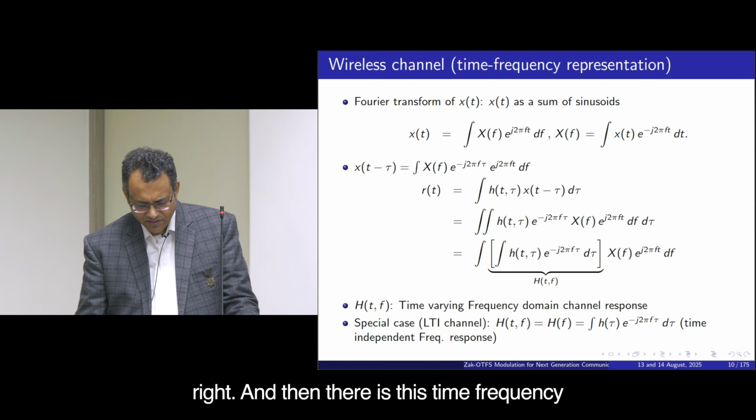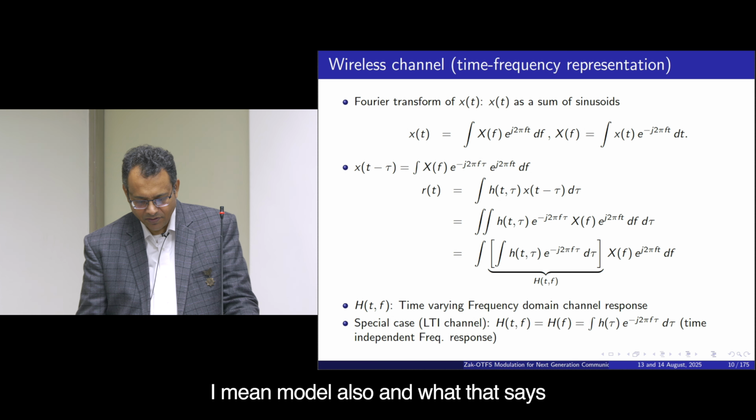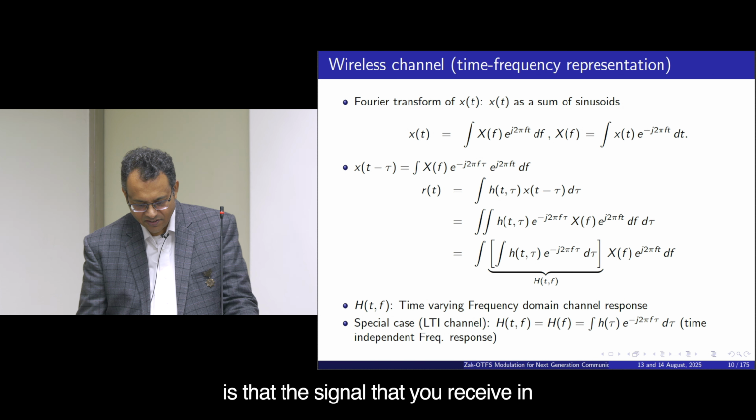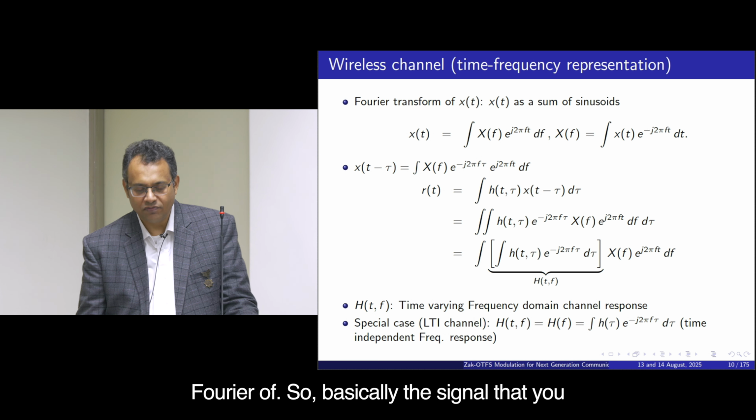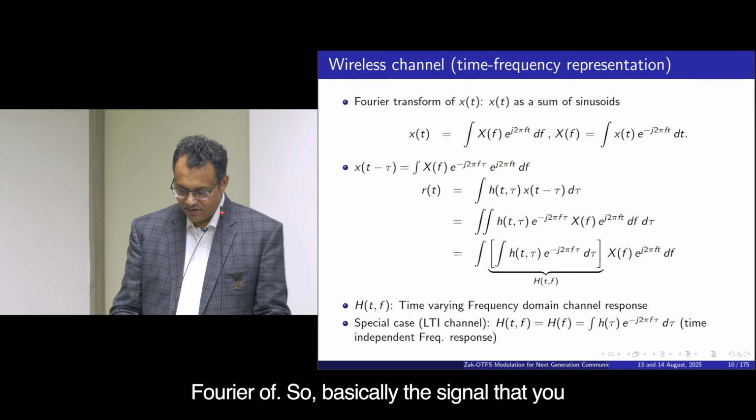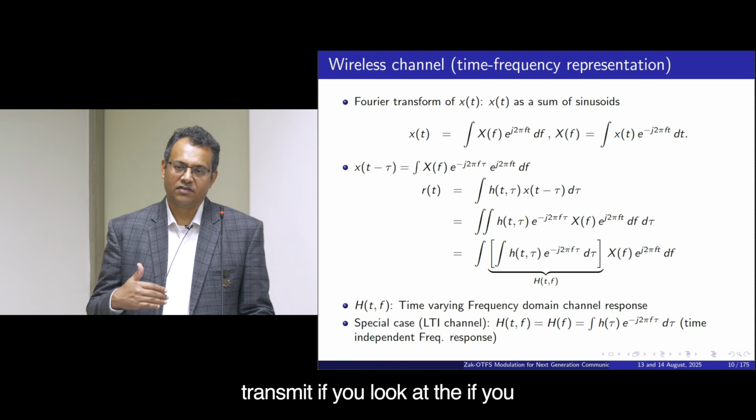And then there is this time frequency model also, and what that says is that the signal that you receive in time can be written as the Fourier of the signal that you transmit.